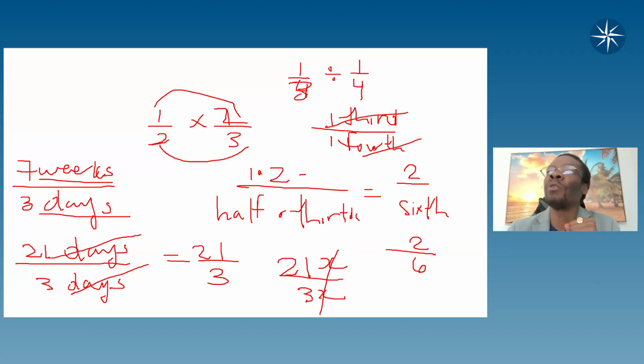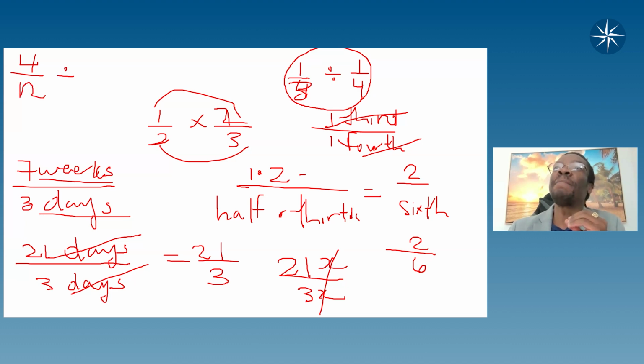You can only cancel out the same units. So now we have to convert these to a similar unit. And the similar unit will be 1/3 is 4/12 divided by 3/12. Now the units are the same.